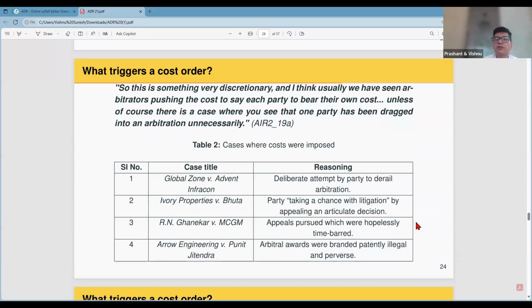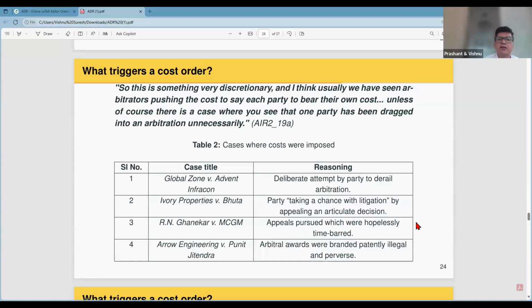In the other one, the appeal was time barred. And in the 4th one, the arbitral award was branded patently illegal and perverse. So either these challenges were very meritless, or there was some sort of procedural abuse by the party. And so these are the cases where costs are imposed.